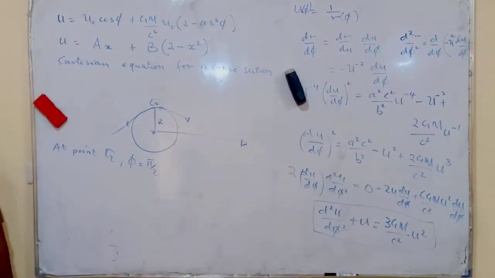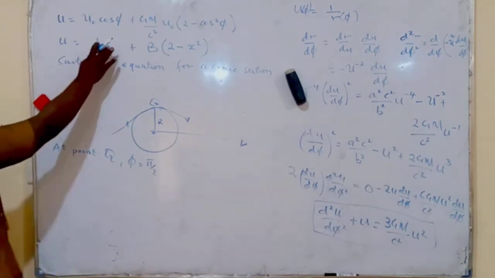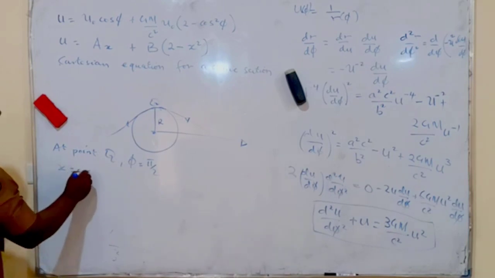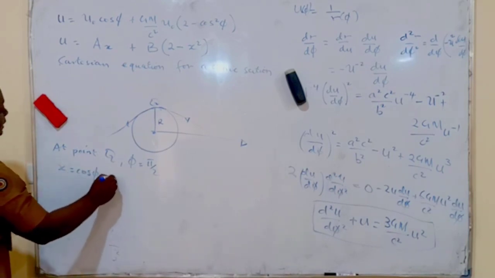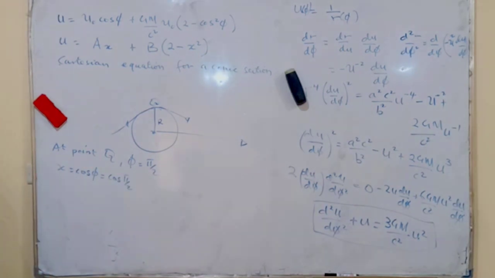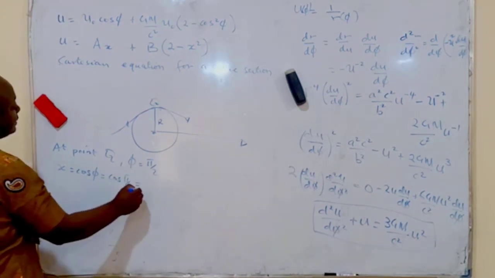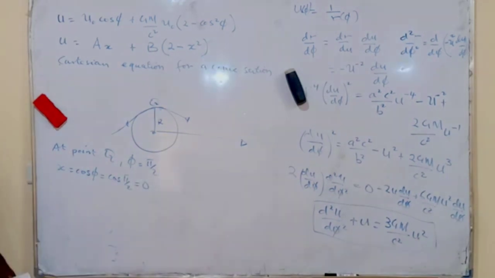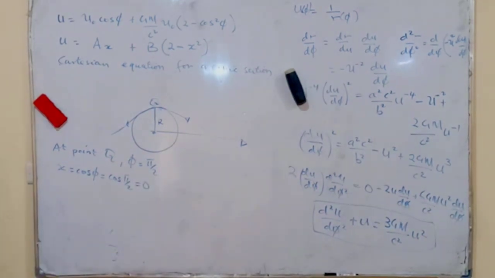Remember, x is cos phi. So we replace x by cos pi over 2, which is 0.